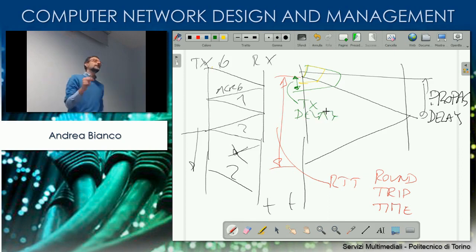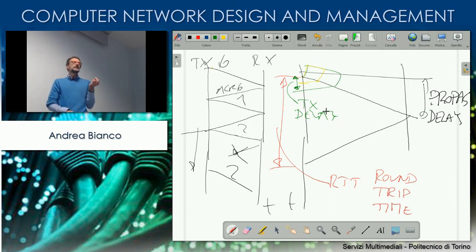And if we double the link speed, the transmission delay becomes half. Clear? Okay? Now the question is, for those of you in the third row, you are in the third row, yes. If I double the link speed, so I'm moving from the green picture to the yellow one, okay?